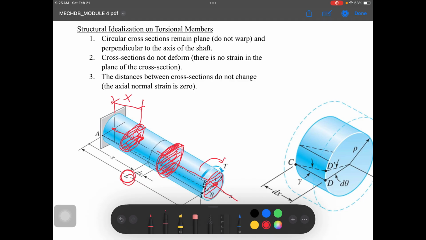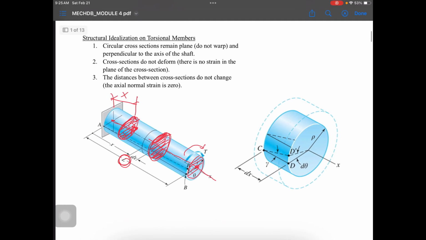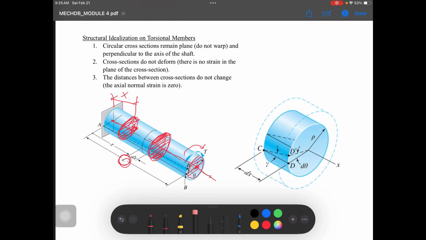So, kasi nga, we are assuming na cross-section remain plane or flat and stays perpendicular to the longitudinal axis of the member.